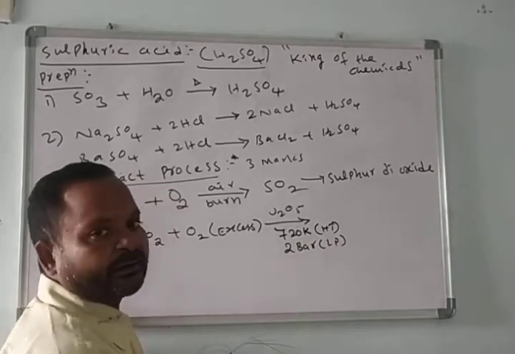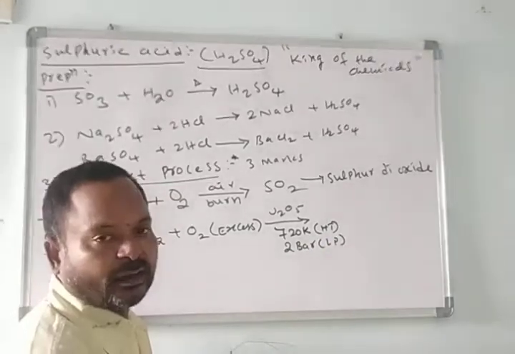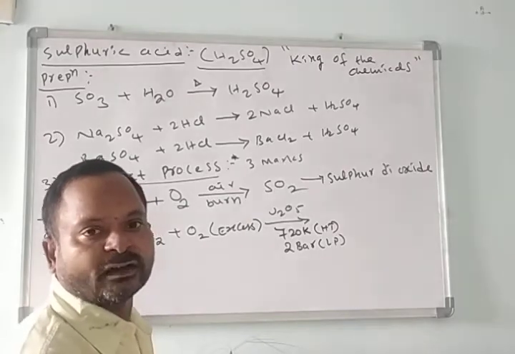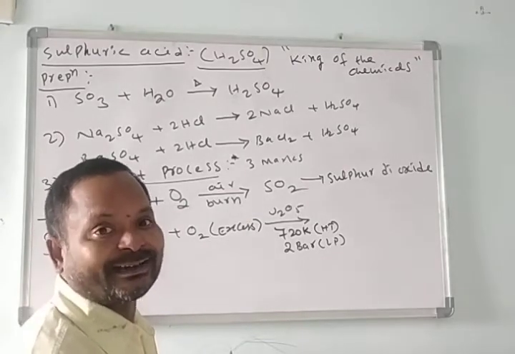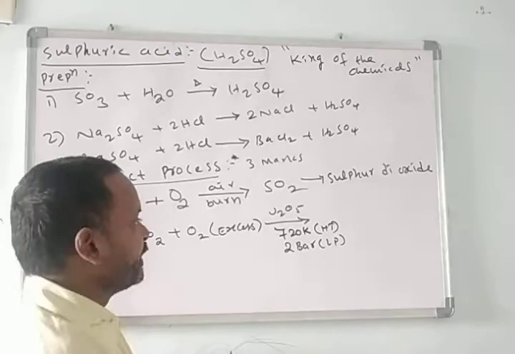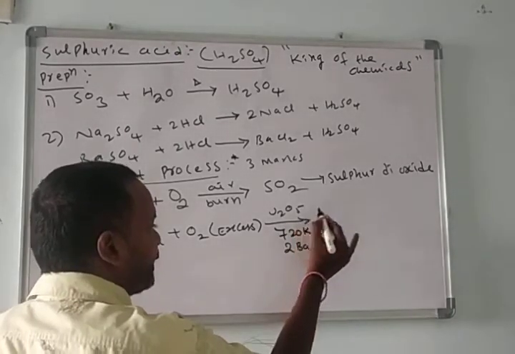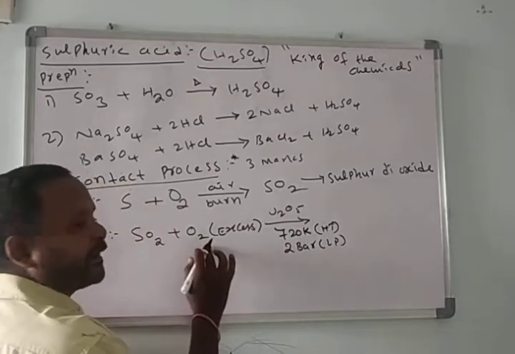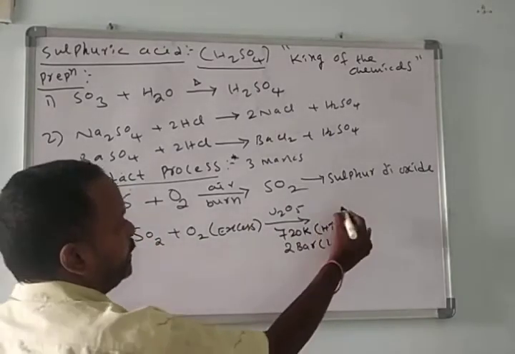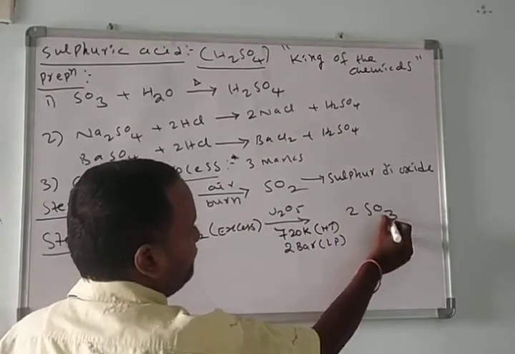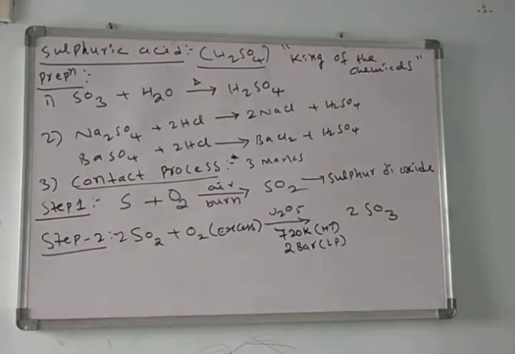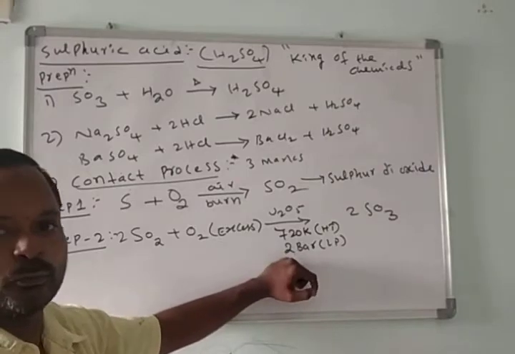These are the important conditions for the production of more and more sulfur trioxide, based on the Le Chatelier principle. In the presence of vanadium pentoxide catalyst, sulfur dioxide reacts with oxygen and forms sulfur trioxide. This is step 2.